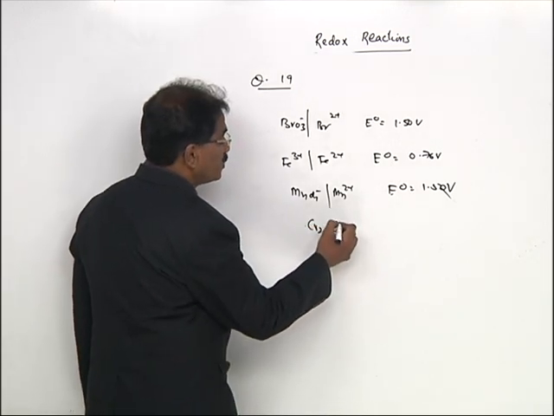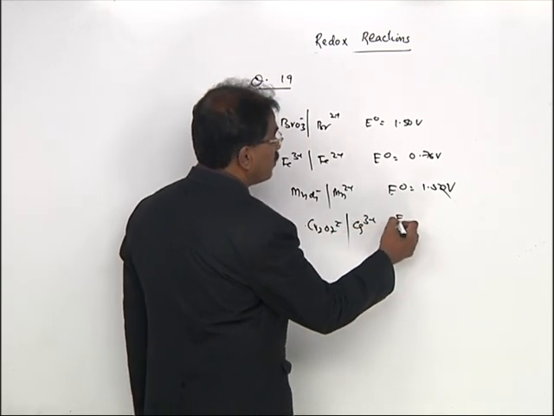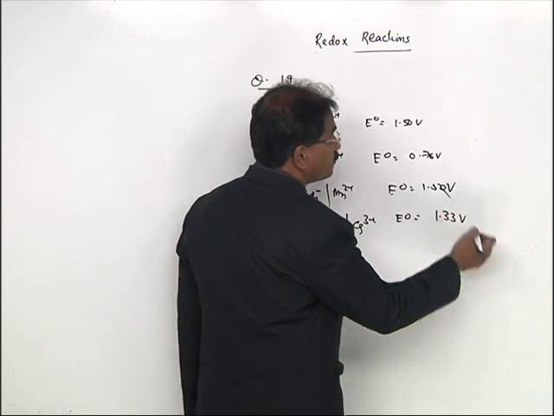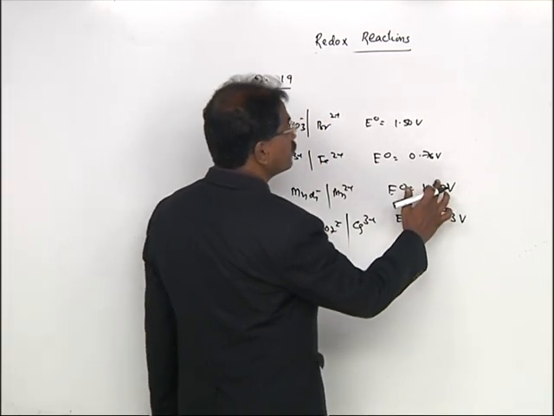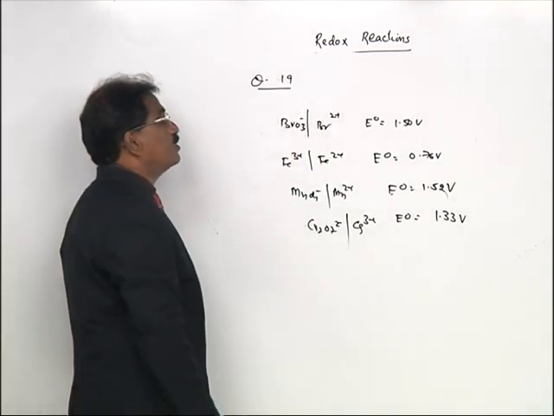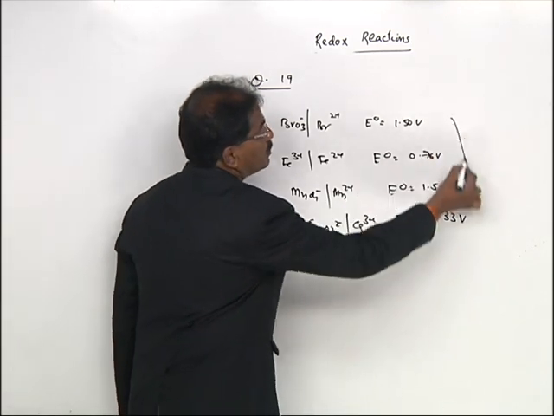Next, Cr2O7 2 minus gives Cr3 plus. E0 is 1.33 volts. So, these are the 4 different species that are given along with the reduction potential values.